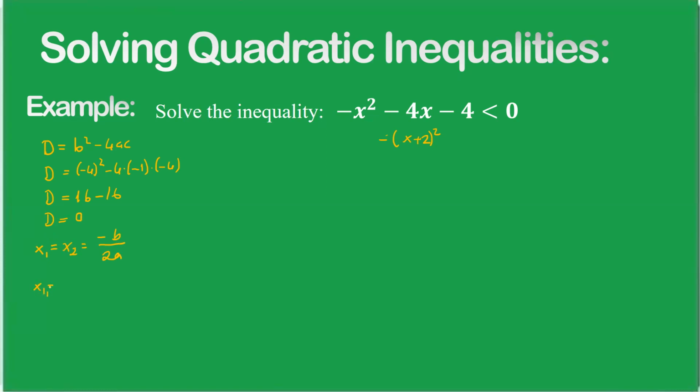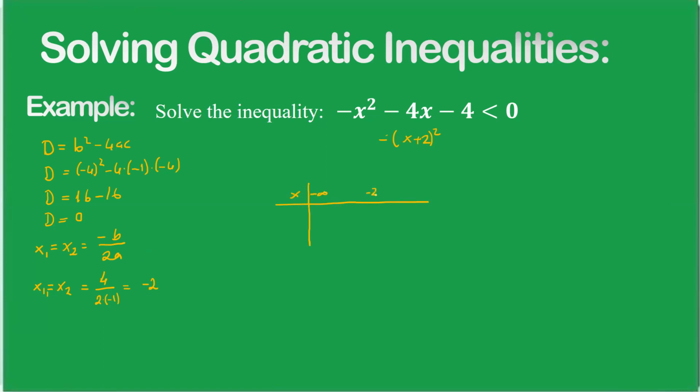So let's write this one. x1 is equal to x2 is equal to minus b over 2a. Minus b is minus 4, so minus b becomes 4. 2a is 2 times minus 1, which is minus 2. So minus 2 is our critical point, and let's draw the table.